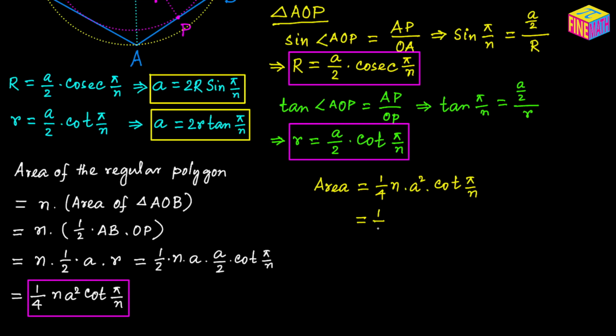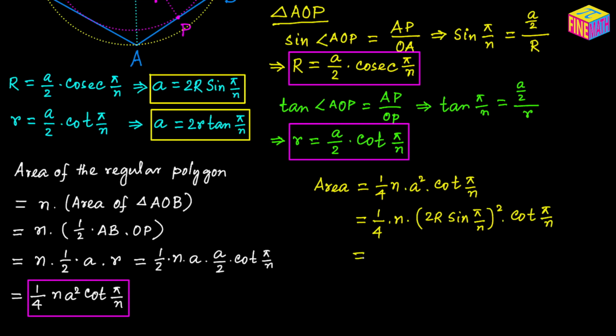So then we can say this is equal to 1/4 times n times, in place of a I am going to write 2r, the circumradius, times sine of pi over n, whole squared, because we had a squared, times cotangent of pi over n.